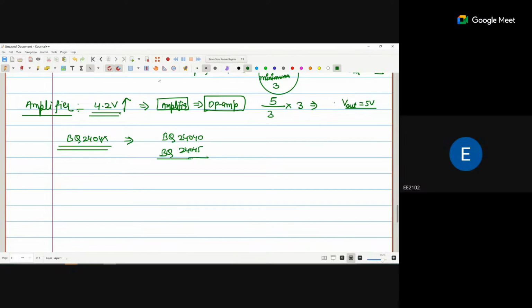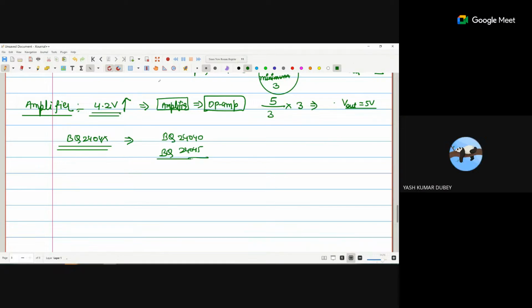Has anyone heard which battery we are using in electric vehicles? If we are talking about electric scooters, e-bikes, e-scooties coming nowadays, which type of battery are they using?